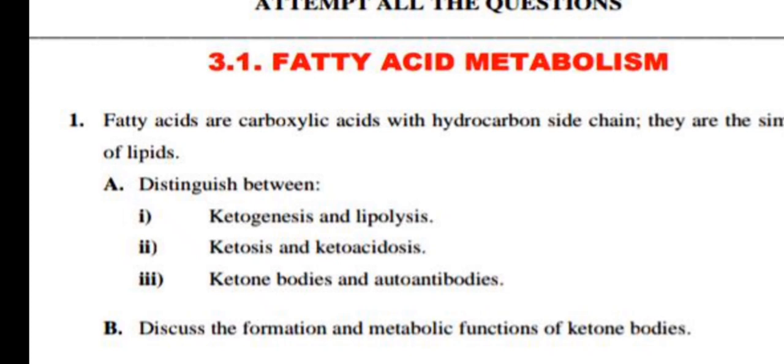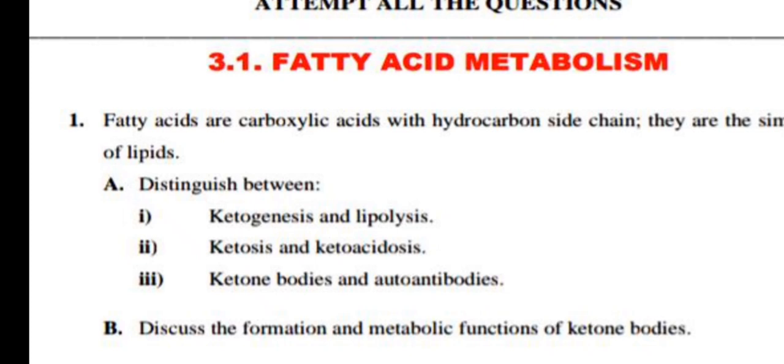You understand? So I would start with ketosis. We defined ketogenesis as the biological process that involves the formation of ketones or ketone bodies. Now, you must understand that those ketone bodies are acidic.